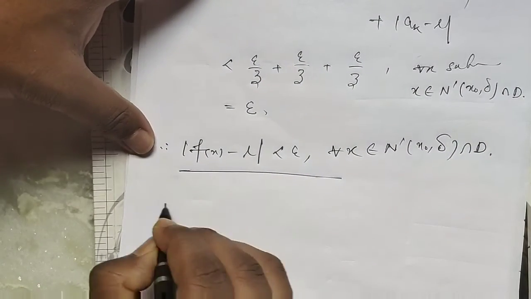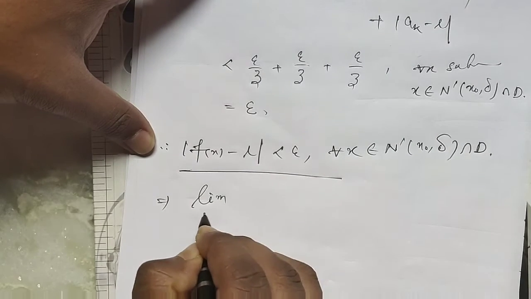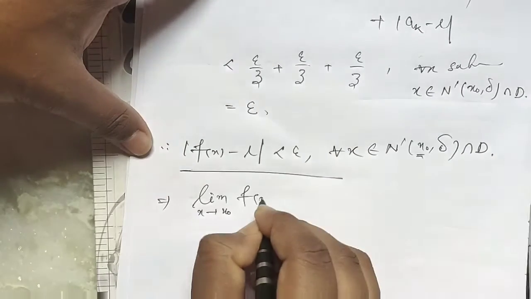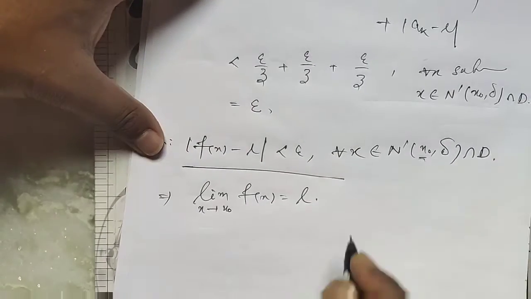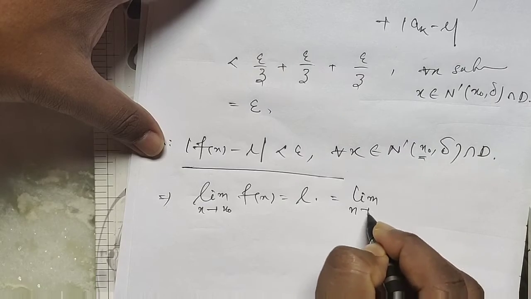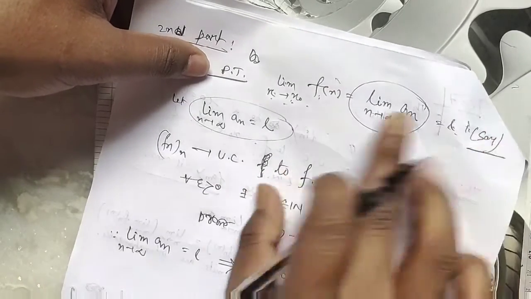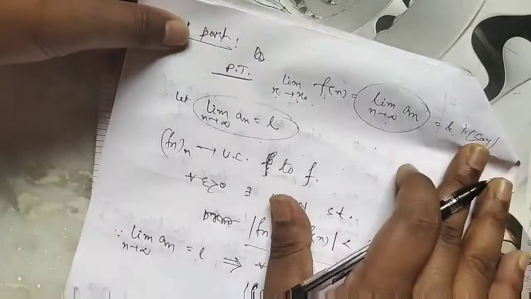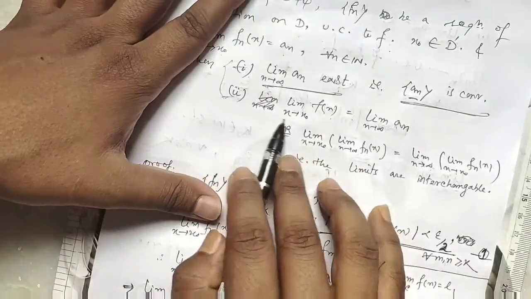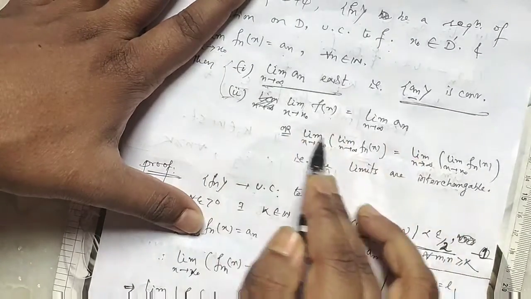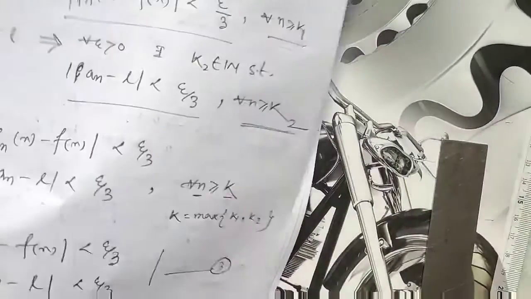So this implies limit x tends to x0 f(x) equal to L, that is limit n tends to infinity a_n equal to L, because we take limit n tends to infinity a_n equal to L. So the second part, limit x tends to x0 f(x) equal to limit n tends to infinity a_n, is proved. So hence we complete this theorem.